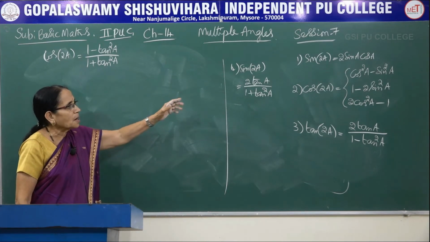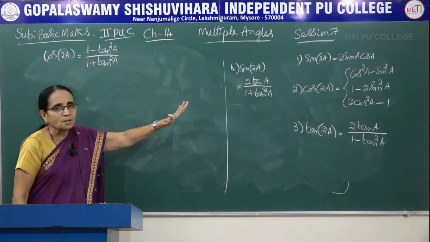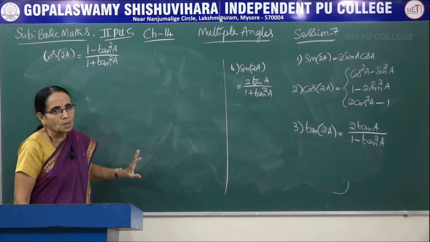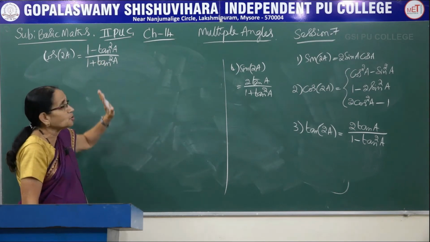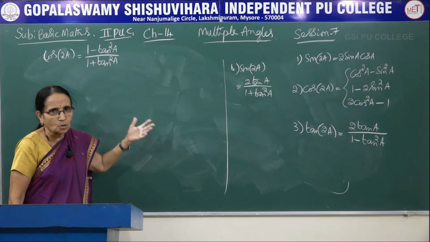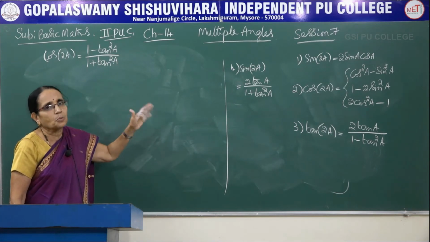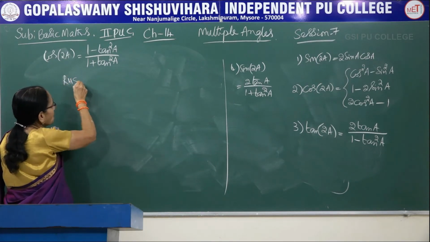It contains either both cos and sine in the first formula, purely sine in the second, purely cosine in the third formula. Anyway, that gives us an idea that this tan has to be eliminated. It should be either in terms of sine and cosine, sine or cosine or both. Okay? For that one, again we start from the right hand side.